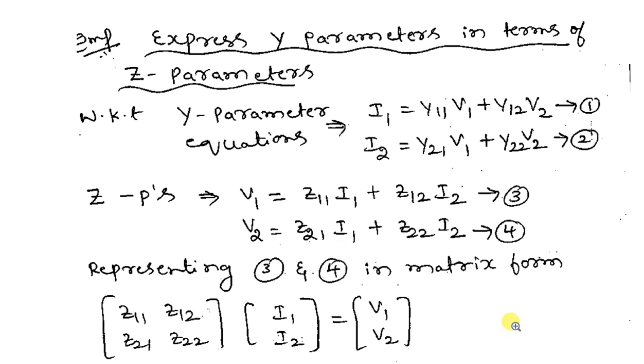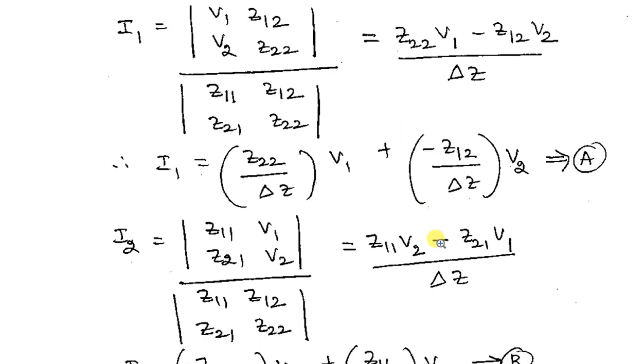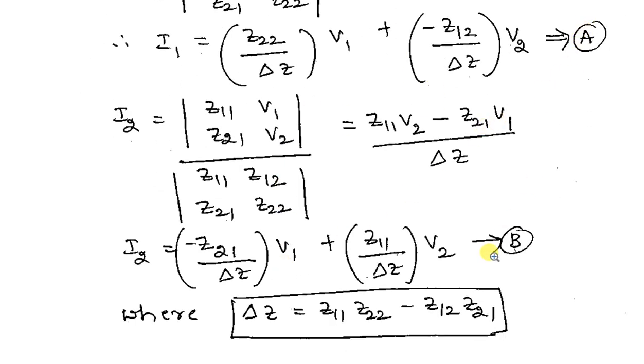Now compare A and B with the first equations, where we expressed the Y parameters. Equations number 1 and 2 are the Y parameter equations, and equations number 3 and 4 are in terms of Z. In equations 1 and 2, I1 and I2 are expressed in terms of V1 and V2, and in A and B, I1 and I2 are expressed in the same way.